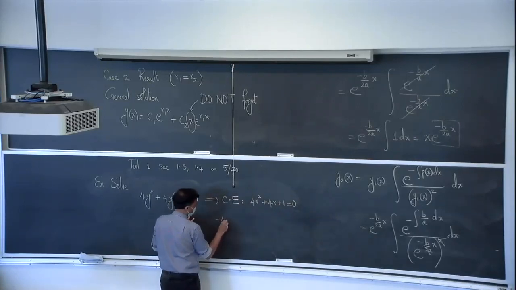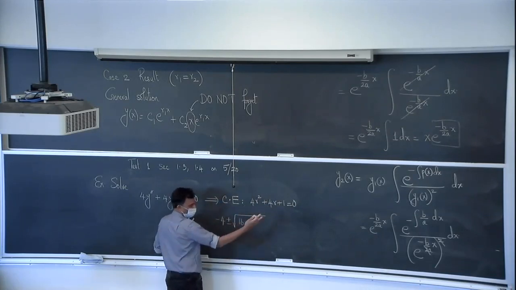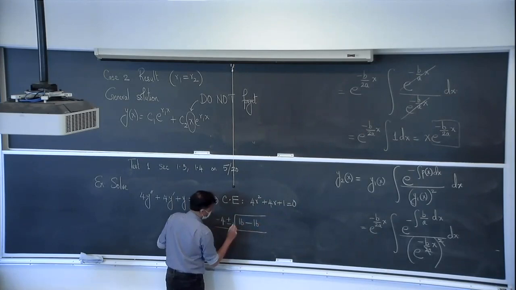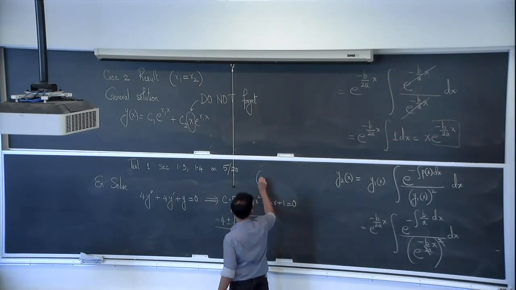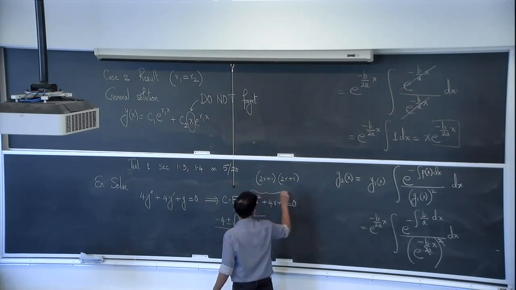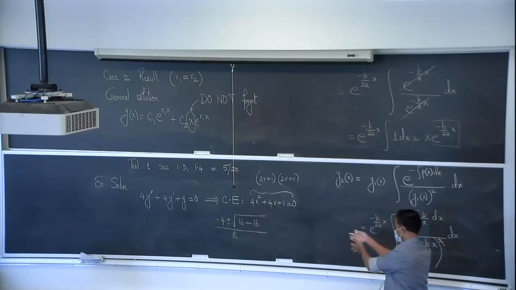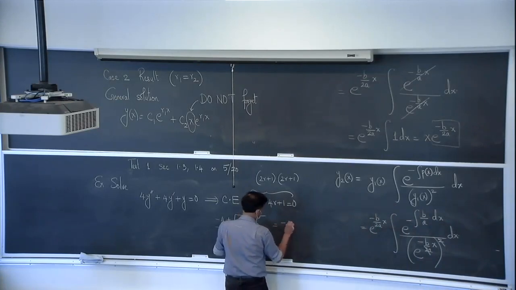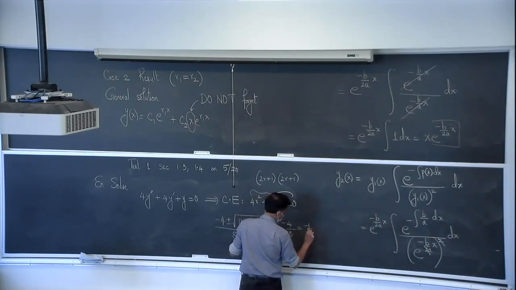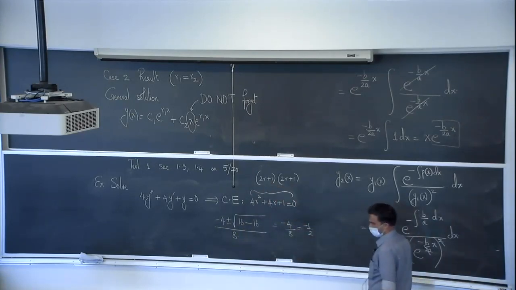That's negative b plus or minus the square root of b square, which is 16, minus 4ac, that is also 16, divided by 2a, which is 8. If you were to factor this, it will look like 2r plus 1 times 2r plus 1. If you don't want to take chances and make mistakes, the quadratic formula is always reliable. So this is 0, and that's going to give you negative 4 over 8, which is negative half. That's what you would have gotten from here as well. R1 and R2 equal to negative half.